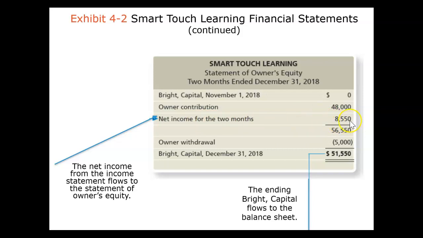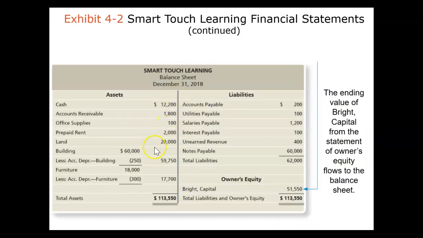In this case, it was a 2-month period. Then this is an example of a statement of owner's equity. The ending thing that you're computing on the statement of owner's equity is the new capital balance. You're then going to take that new capital balance and it's going to flow to your balance sheet. Okay, so that flows right there.